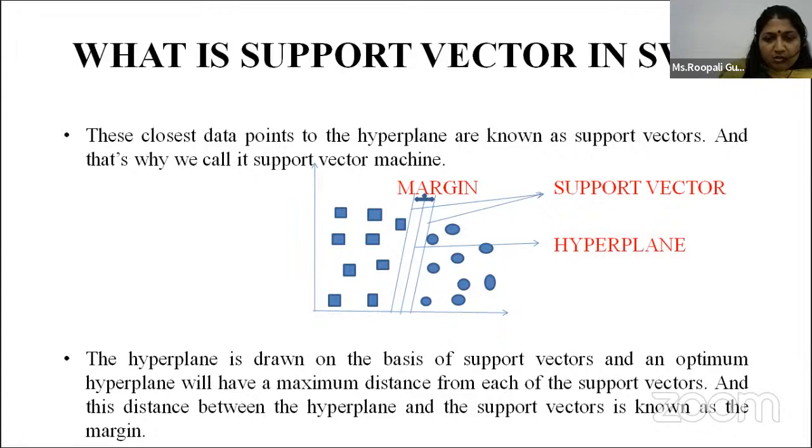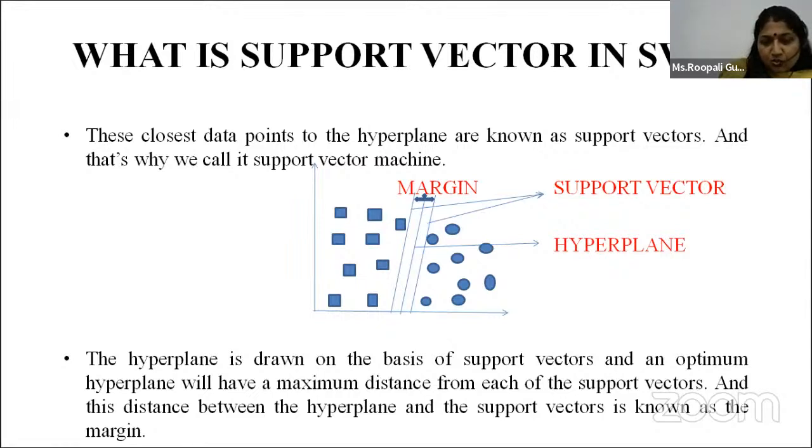So this is the opponent class and this is the considered class. We have to check the point from the considered class to the opponent class, the point which is the closest.